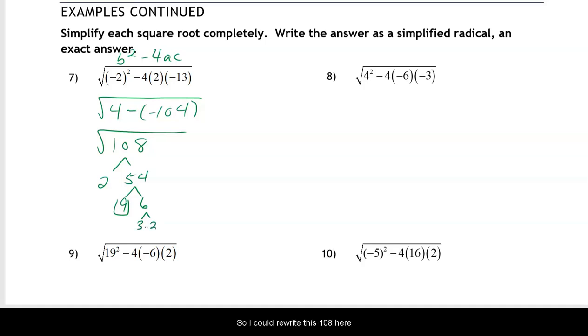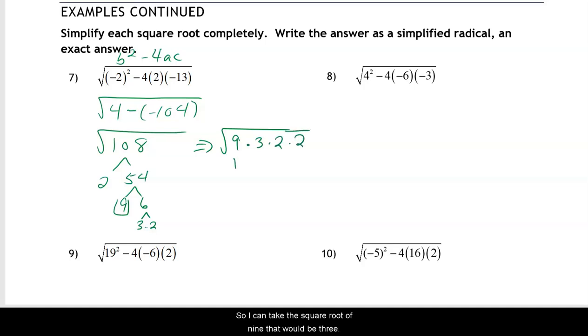So I could rewrite this 108 here as the square root of 9 times 3 times 2 times 2. So I can take the square root of 9. That would be 3.